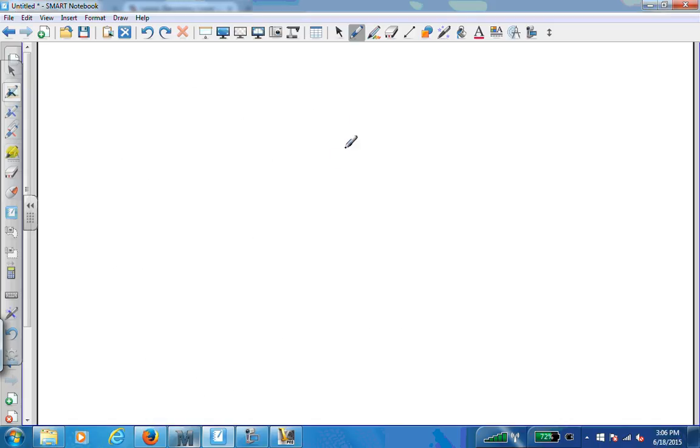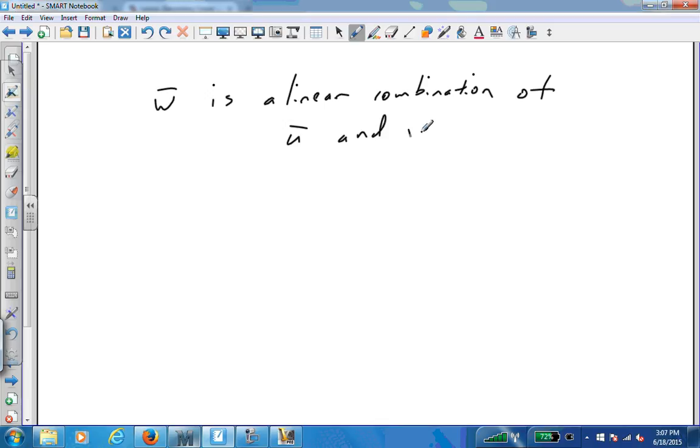Now, when we say that something is a linear combination of something else, let's say of U and V, it means that we're not multiplying them together or raising them to powers.